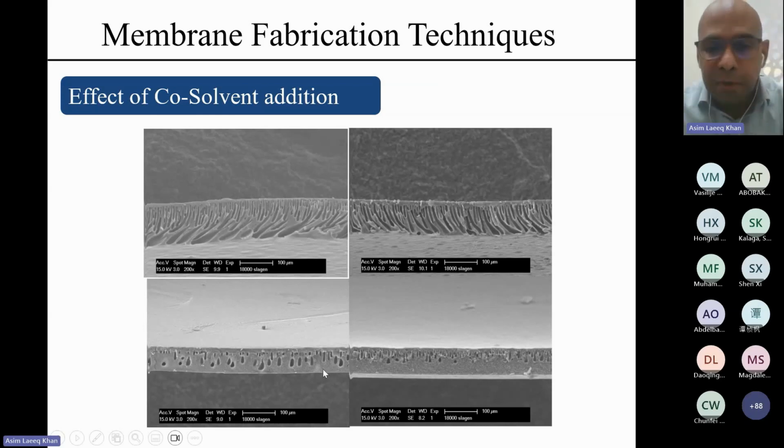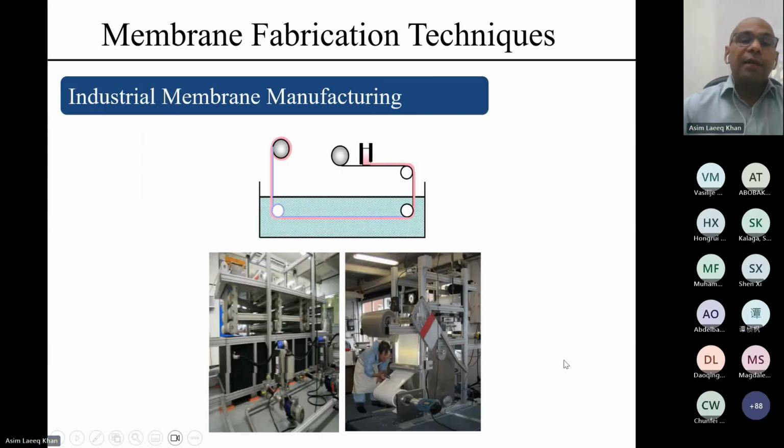As it evaporates, it leaves behind thicker polymer rich zones, leading to, here we can see almost half of the membrane is non-porous and half of the membrane is porous, because all of the co-solvent evaporates, leading to such structures.